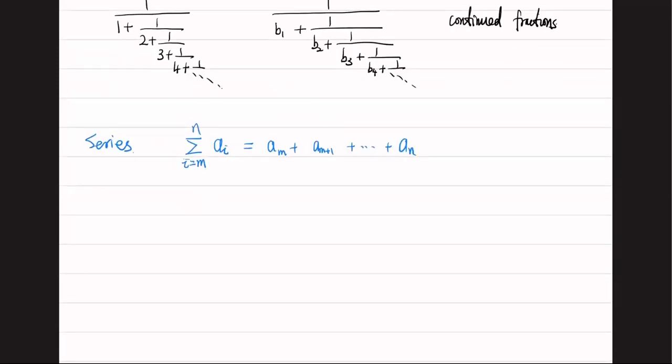And we often consider the infinite series. We add a1, a2, and we continue, an infinite series.